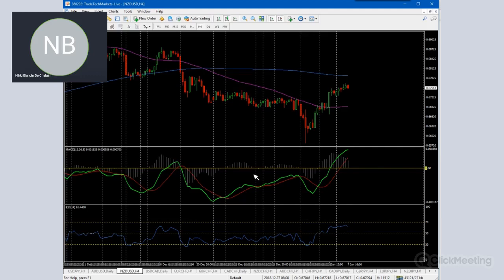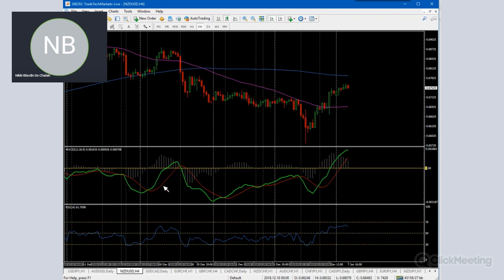The next thing we look at is our histograms. Are they getting bigger or are they getting smaller? By seeing our histogram bars going from small to big, we're starting to see more momentum coming into the market. So we've got our trend, now we're looking for that momentum. So we're going to be looking to enter into trades when those histogram bars are growing in size.